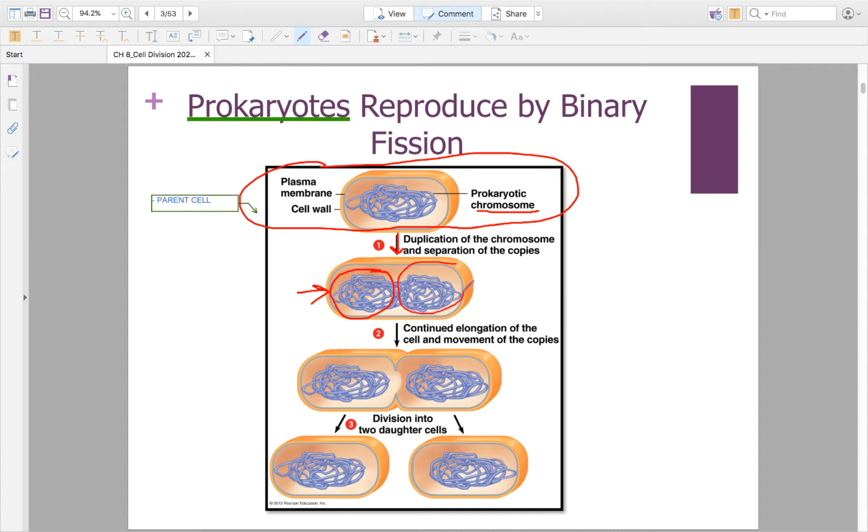And on top of the duplication of chromosomes, the actual cell itself has to grow. So it's growing in length. See how long it is compared to the original parent cell? It'll continue to elongate, and then it'll start to split.